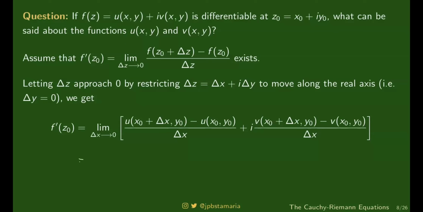Ito equal, yung unang limit, it's equal to the partial derivative of u with respect to x evaluated at x naught y naught plus I partial derivative of v with respect to x at x naught y naught. Now, sinusulat nyo rin ng ganito yan kung minsan. Okay? Ito yung another way of writing that.